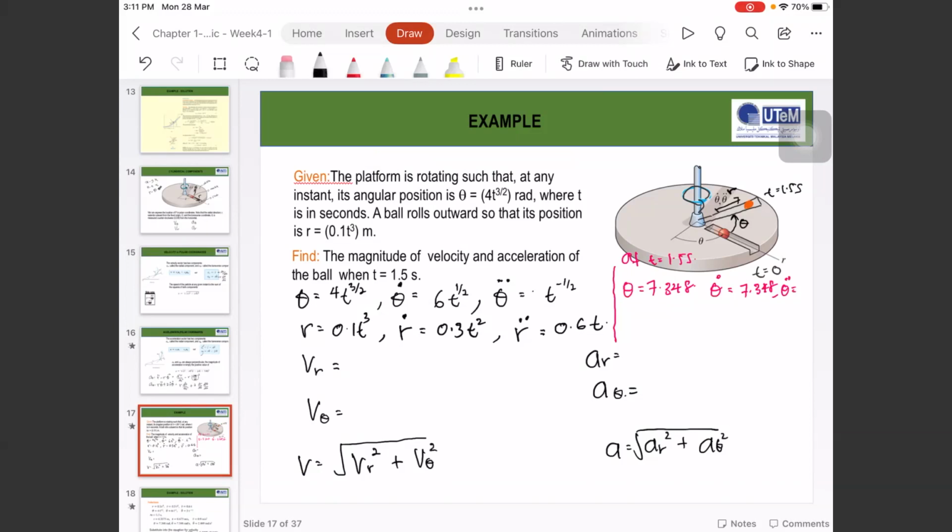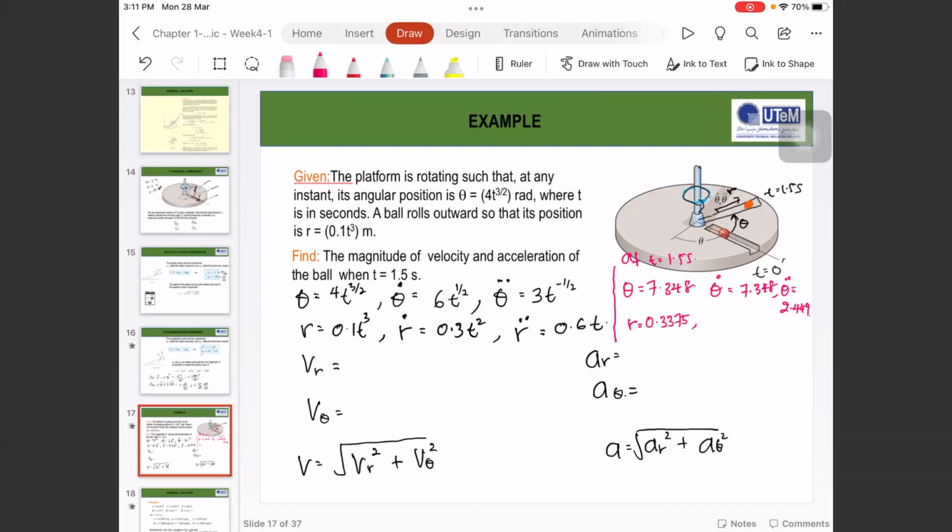Boleh sama-sama kira. 2.449. So 2.449, right? And then you have R, 1.5 cube darab 0.1, 0.3375.